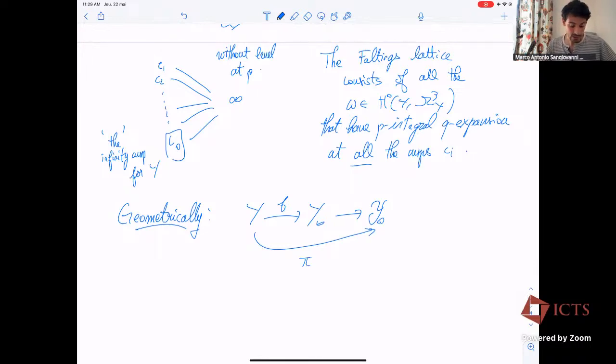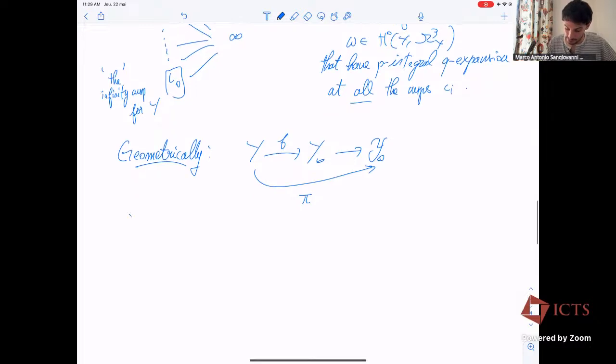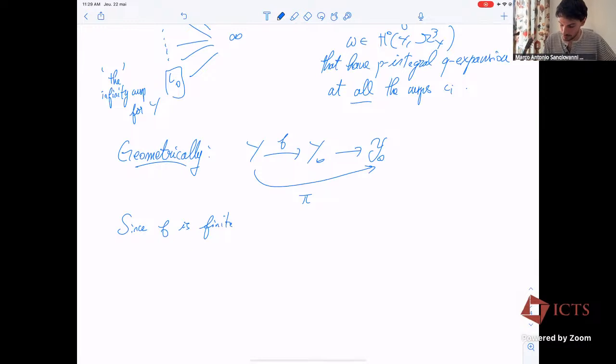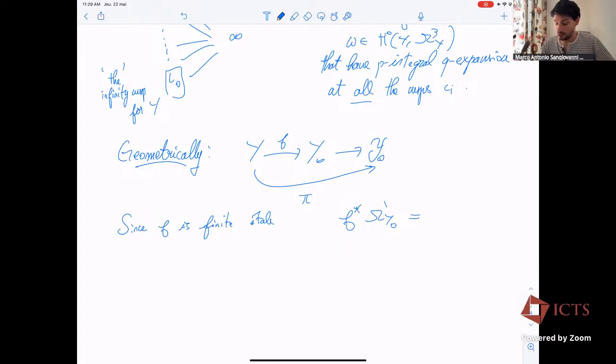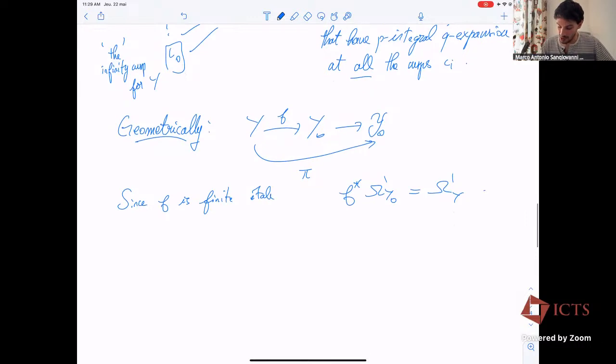So since f is finite étale, you can identify the pullback of the differentials with the differentials of Y. And in particular, this implies that when you push forward the differentials of Y to Y naught, this is the same thing as the differentials of Y naught, but tensored with f star of the constant sheaf over Qp.